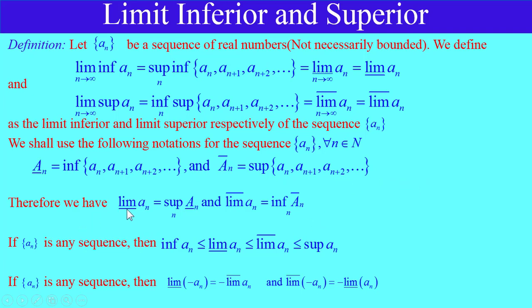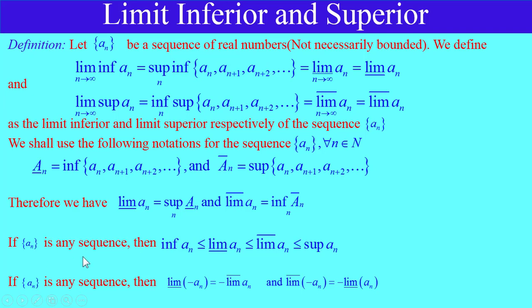Therefore, we have limit inferior an is equal to supremum over n of lower bar an, and limit superior an is equal to infimum over n of upper bar an.